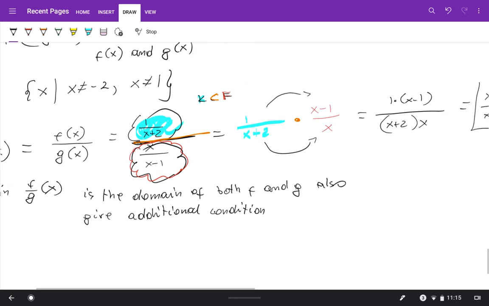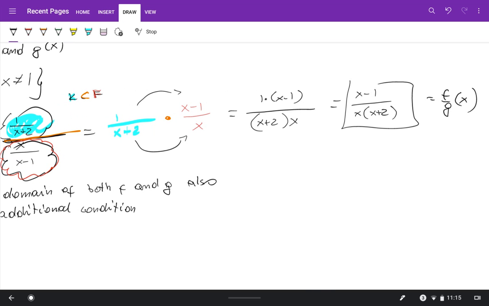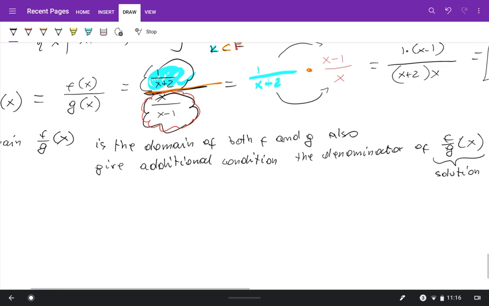Okay, also give an additional condition: the denominator of your final product, of your solution, is not equal to 0. Okay, so this is what happened here.